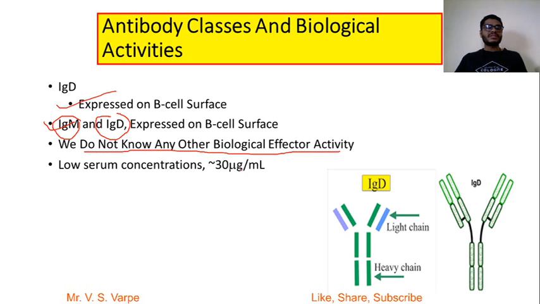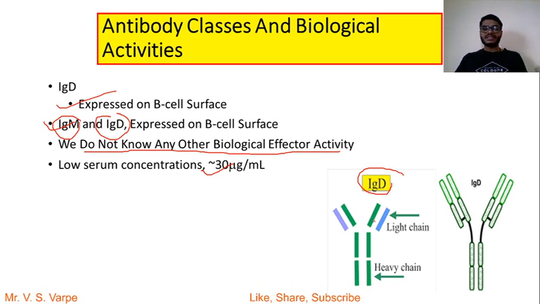Its serum concentration is low, only 30 microgram per ml. This is the structure of the IgD antibody. It is a Y-shaped structure. Here the light chain is present, and here the heavy chain is present. It looks just like a Y-shaped structure, like an IgG antibody.